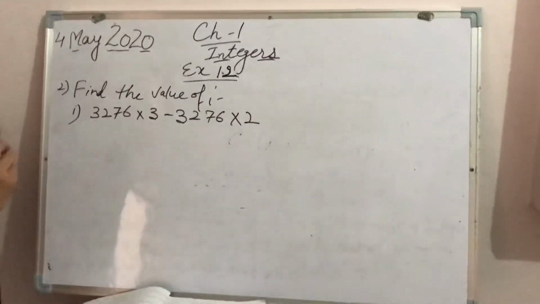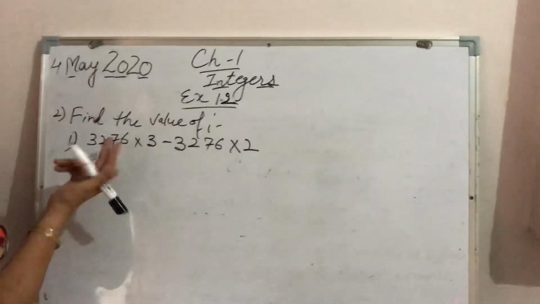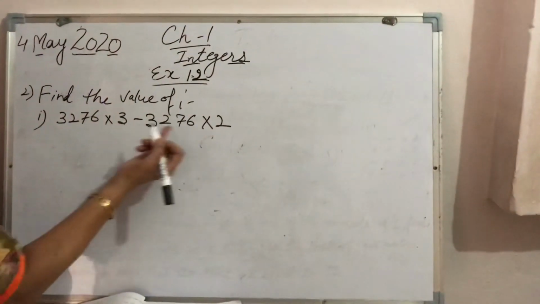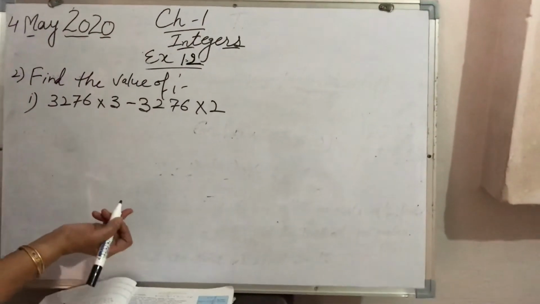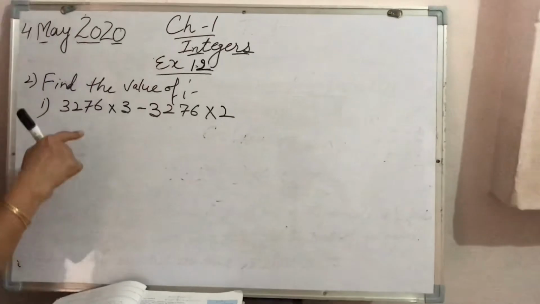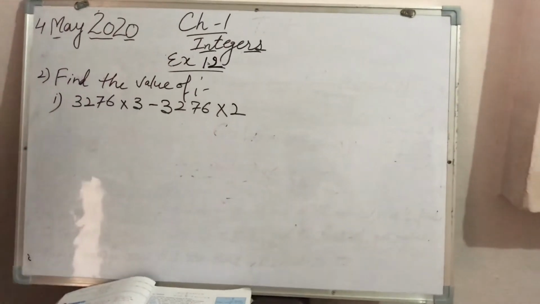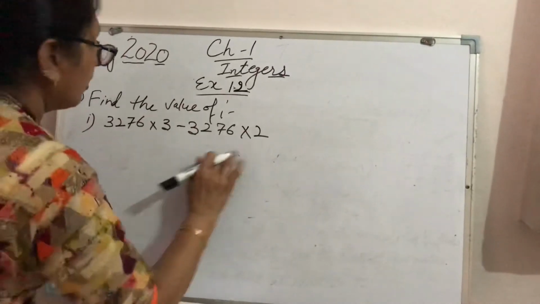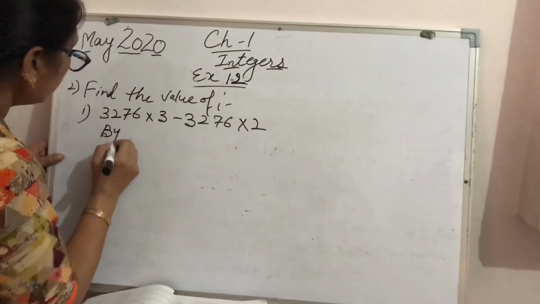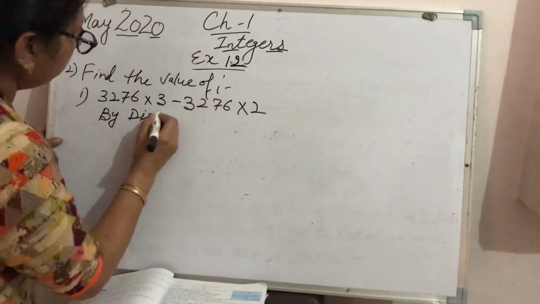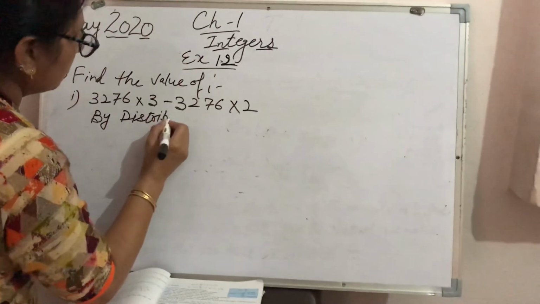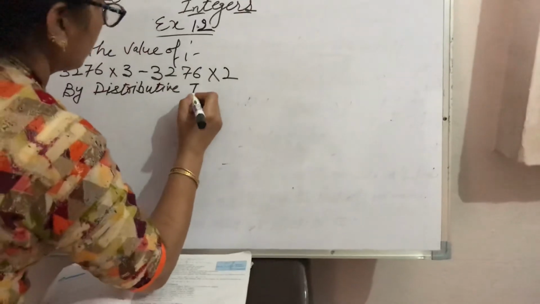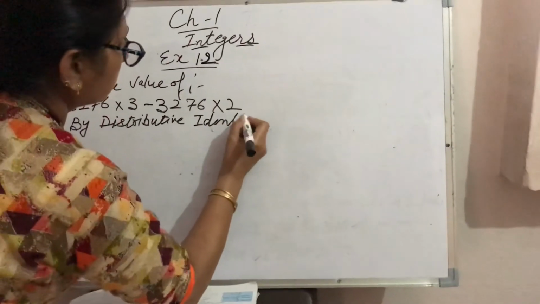This question can be done in two ways. Simply, first of all we can multiply this number by 3 and again by 2, and after this find the difference. But in these questions we have to use identities. Already we have done identities. We'll use the distributive identity.